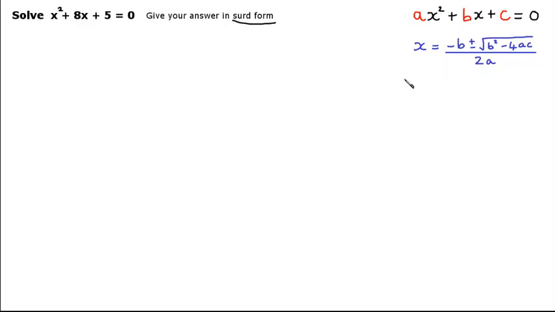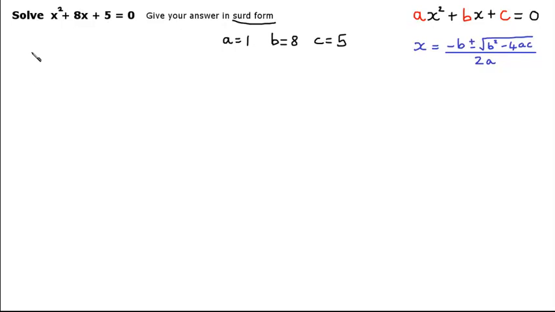So now the first thing we need to do is find the values of a, b and c from our equation. Okay, so our value of a first of all, the number in front of the x squared is again going to be 1. Our value of b this time is positive, and it's positive 8. And our value of c is also positive, that's positive 5.